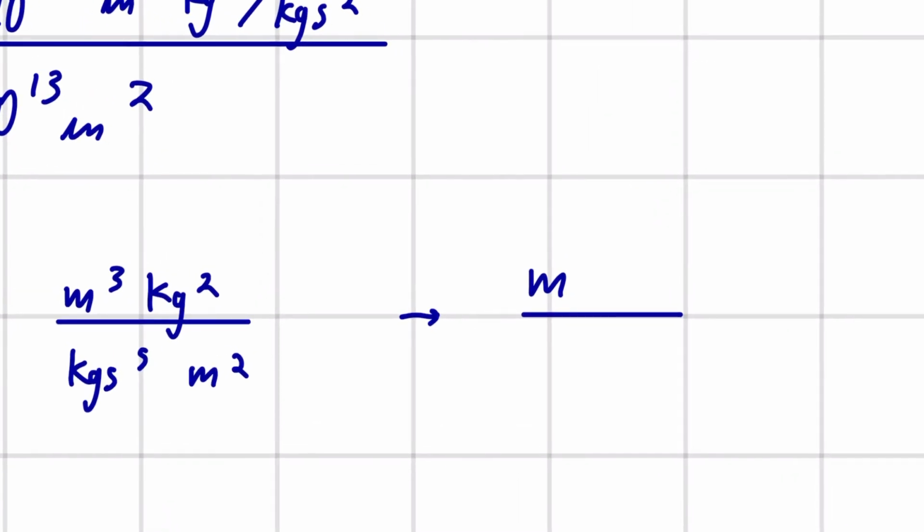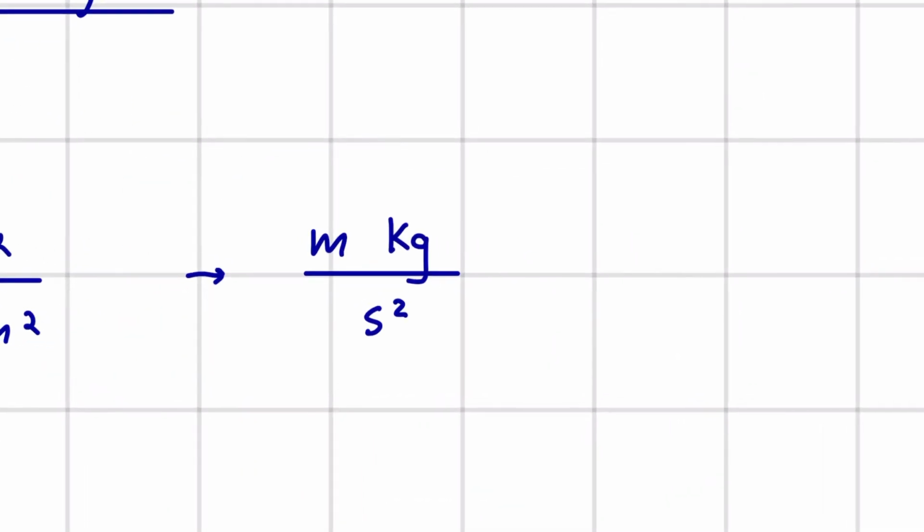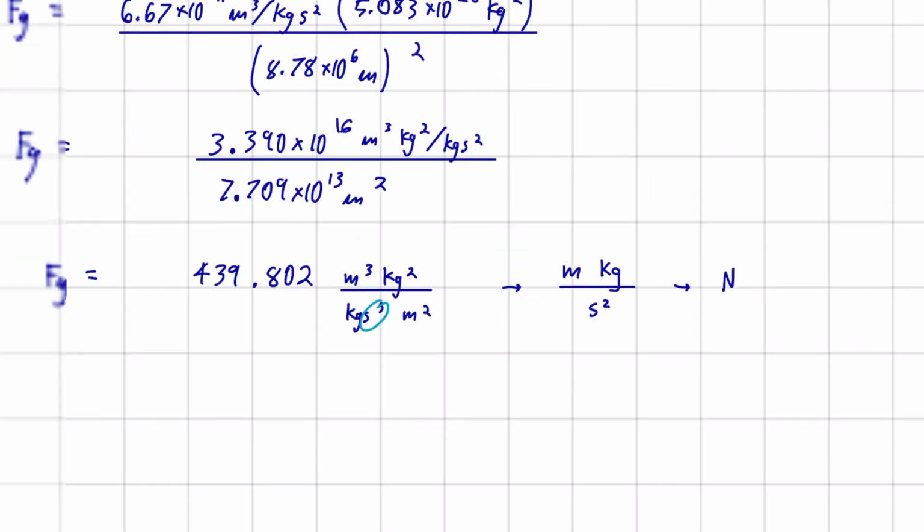So these kilograms, let's look at the kilograms now. We have kilograms squared over kilograms. So that's going to cancel out to just leave a kilograms on the top. And then we have seconds squared on the bottom. You can see the seconds squared. That's on the bottom. That's the only seconds squareds that we have. And I want you to see that our units are kilogram meters per second squared. So that is the units for newtons.